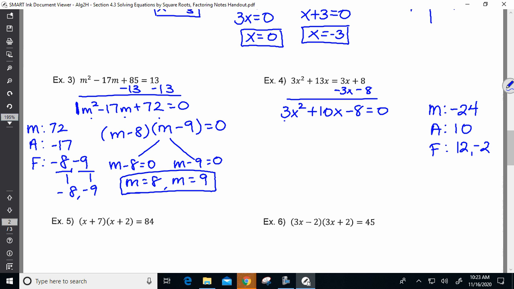But starting with a 3, so you got to divide by 3. You always divide by your leading coefficient. Six times negative 4 is negative 24, but 6 plus negative 4 is 2. So it has to do both.